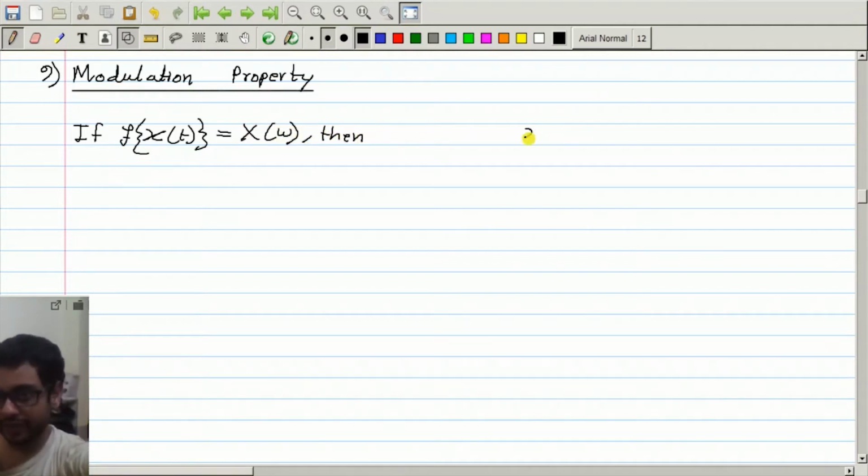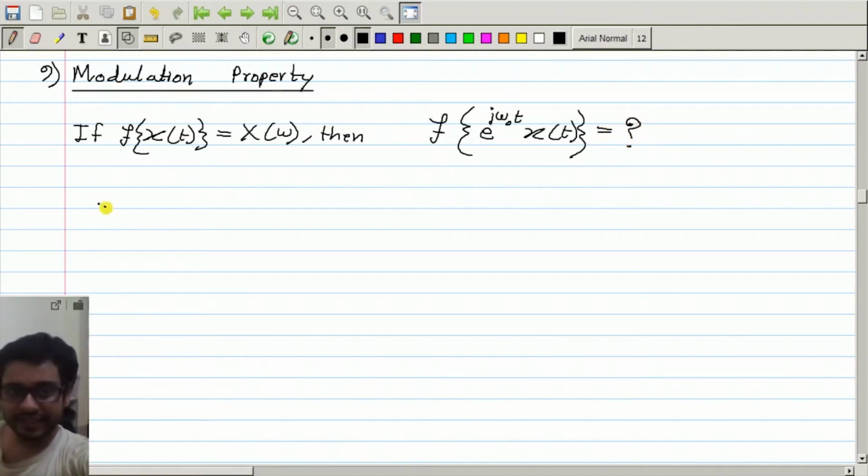Now, if we multiply this x(t) with, say, e to the power j omega naught t, which is a periodic complex exponential function with a fixed frequency omega naught, such multiplication of an arbitrary signal x(t) with such a periodic signal is called modulation of x(t). And now the question is, what will be the Fourier transform of this product? Let us find it out.